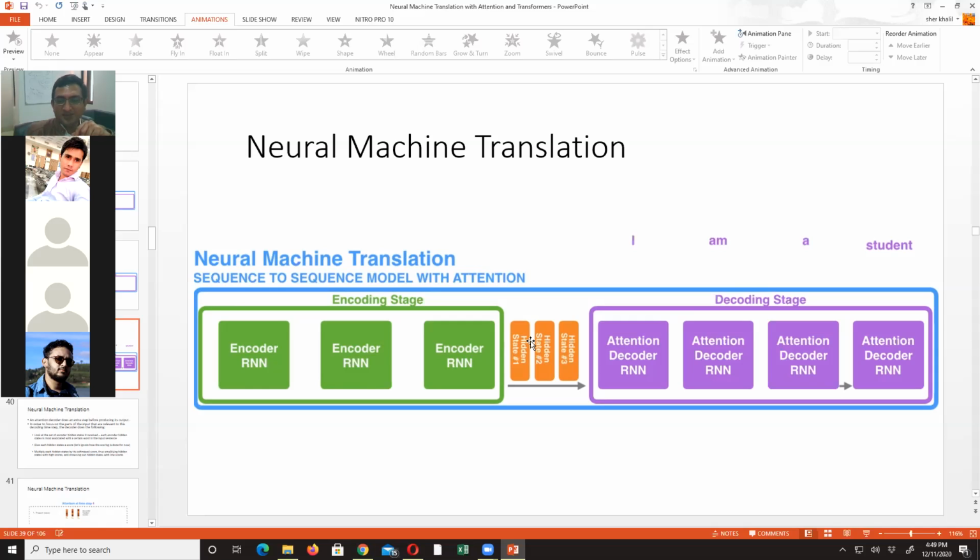So maybe when it is trying to produce I, the attention mechanism will tell it to focus on hidden state 1. When it is trying to produce M, it will tell it to focus on hidden state 2. And when we reach 3 and 4, it will say focus on hidden state 3.